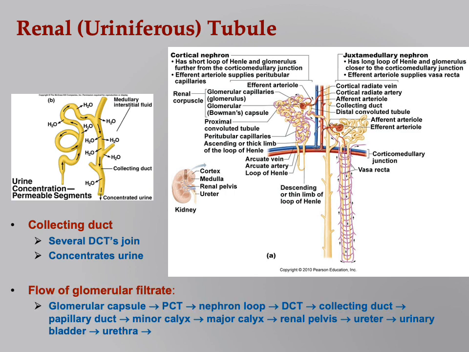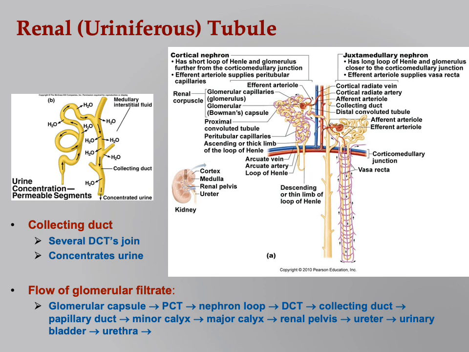Flow of glomerular filtrate. So let's follow, from the time that the kidney makes the urine, and see how it goes. I would expect you to do this just like the path of blood. So we're going to start in the glomerular capsule. That's where we filtered it all out. Then it goes into the PCT, through the nephron loop, descending, ascending, into the DCT, then into the collecting duct.